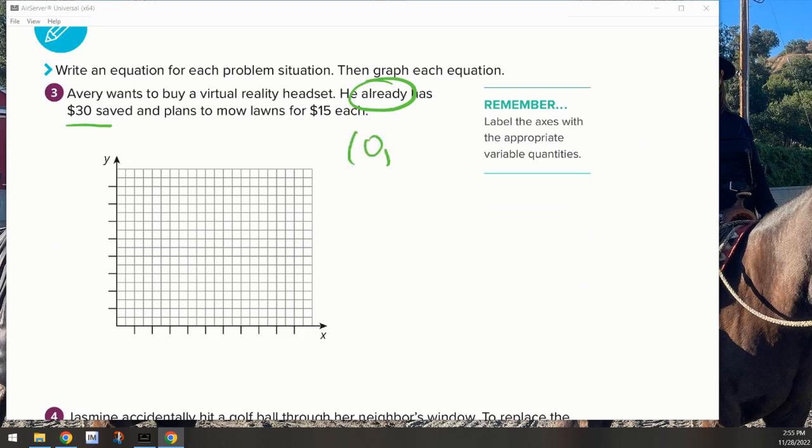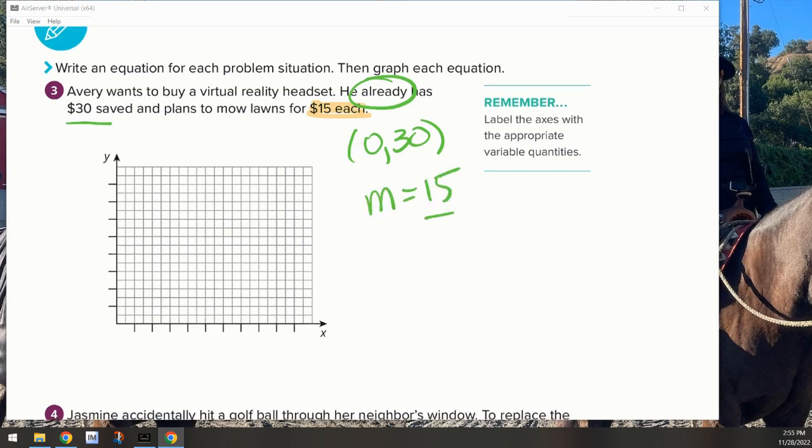So at zero amount of time, we already have $30. And plans to mow lawns for $15 each. So that is my slope, is 15 or 15 over 1. Okay, so that's positive. So it's going in this direction.